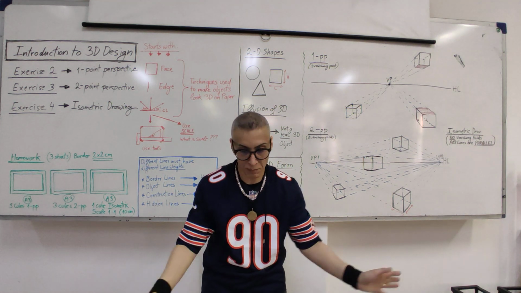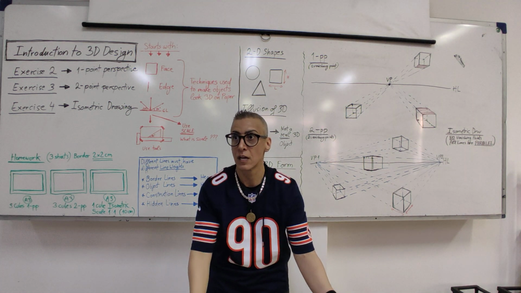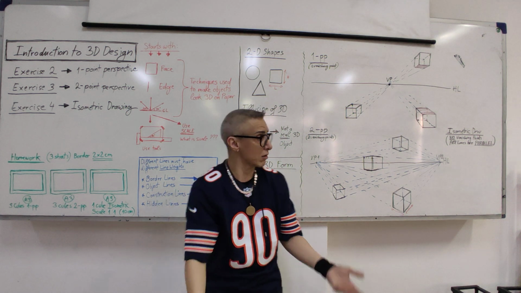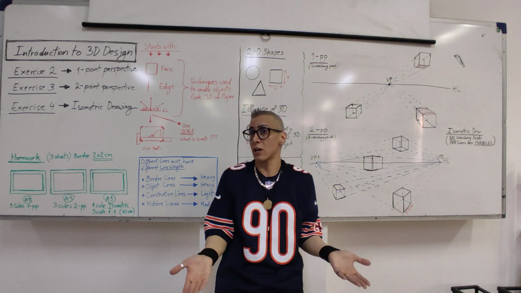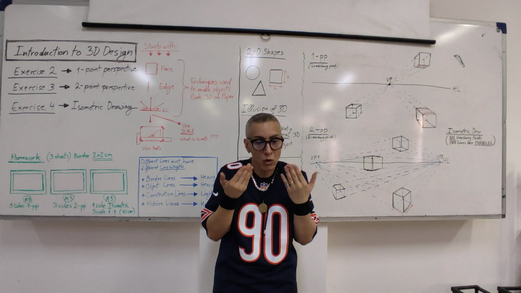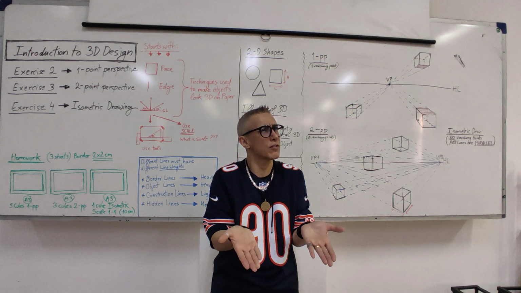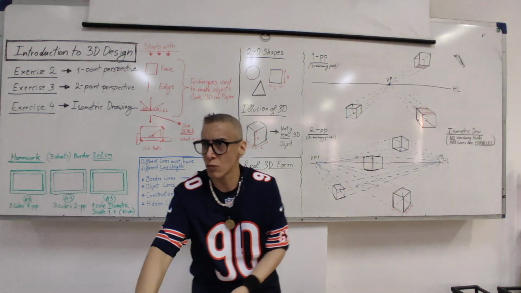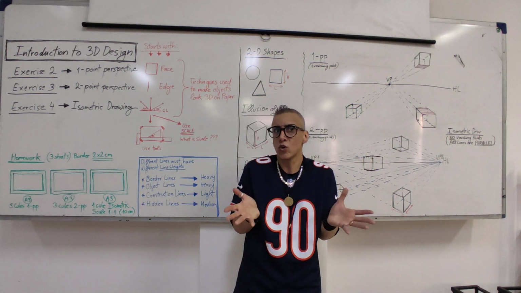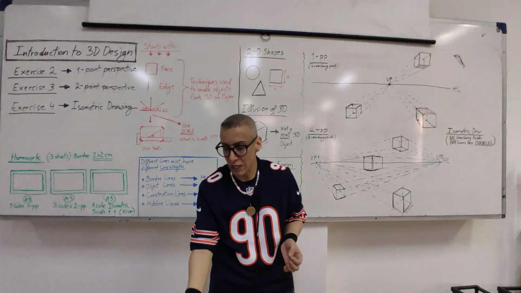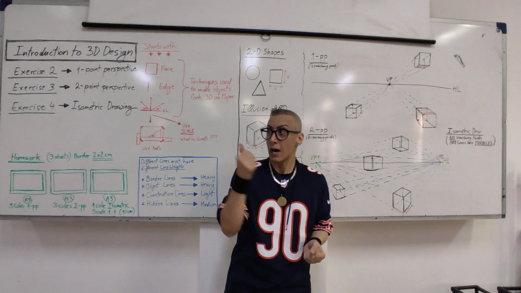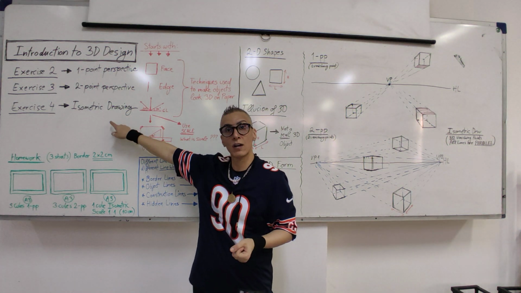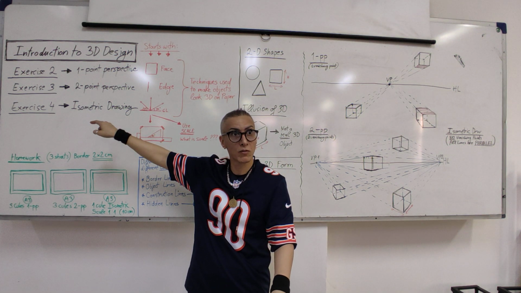So if I'm, for example, designing this table, and if I'm using 1 point or 2 point perspective, okay, it will look beautiful. But the one who looks at the drawing will not understand what is the measurement of this, what is the measurement of this. They will not know how to make it, how to cut the wood, for example, okay? The material. So the isometric is where accuracy comes, okay?